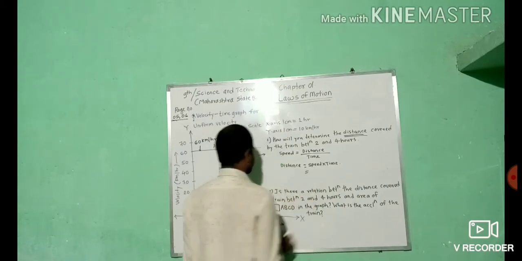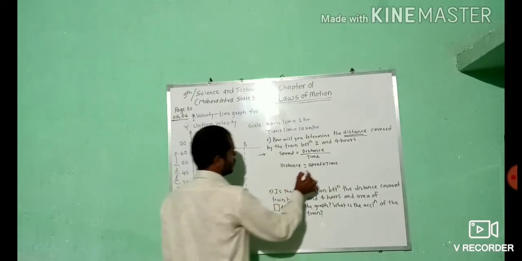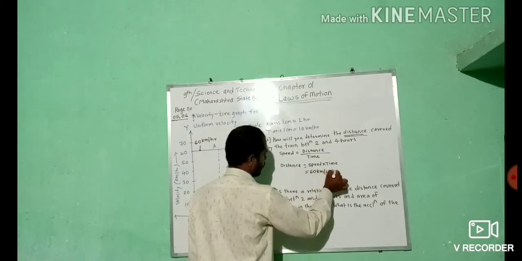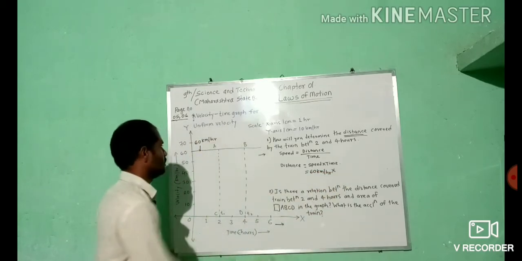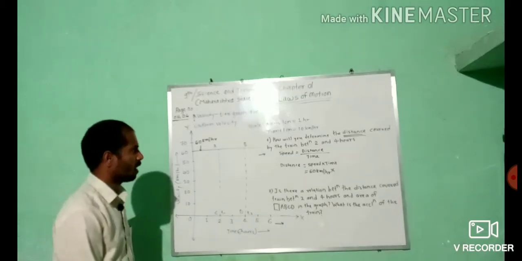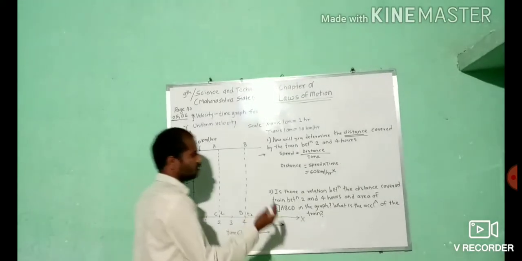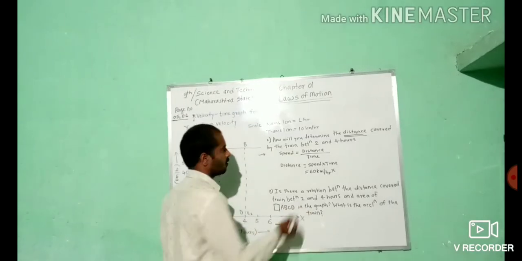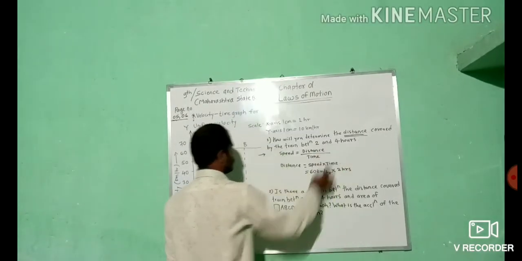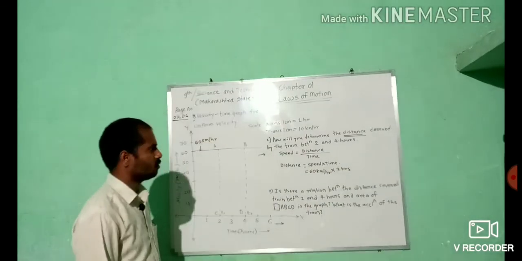So what is the speed? Your speed is 60 kilometer per hour and your time period is 2 to 4 hours, which means how many hours are there? 2 to 4, 2, 3 and 4, you have 2 hours there. What is the difference between 4 and 2? 4 minus 2, 2 hours.